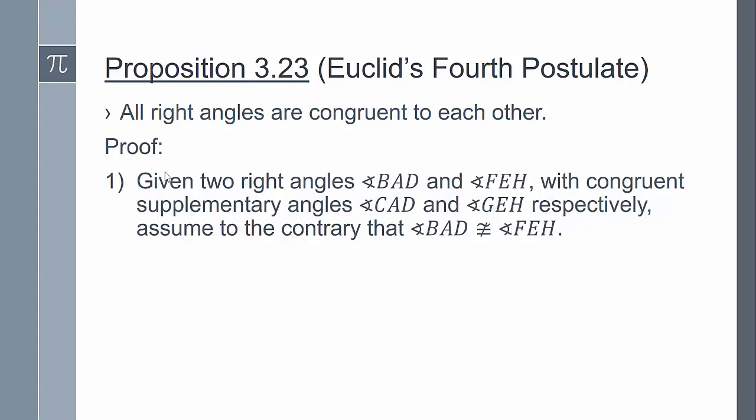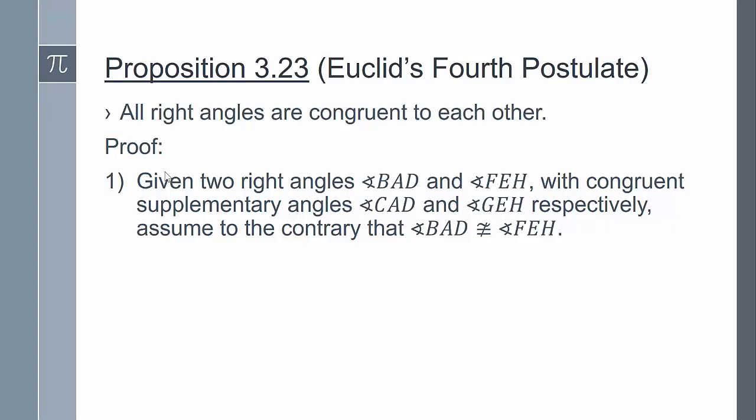So we're going to start by assuming we have two right angles. And so we know that by definition, right angles have congruent supplementary angles. We need to show that these two right angles are congruent to each other. So given right angles BAD and FEH, we're going to assume that their congruent supplementary angles are angles CAD and GEH, respectively.